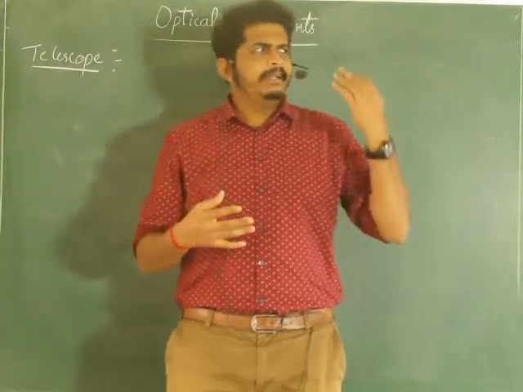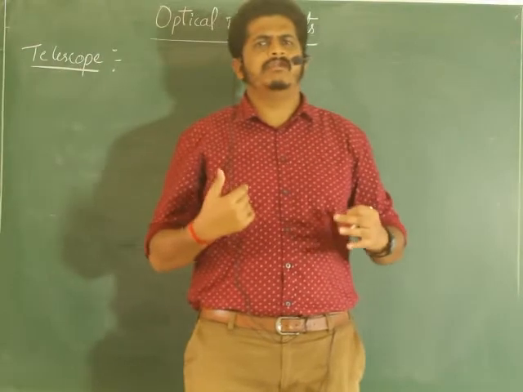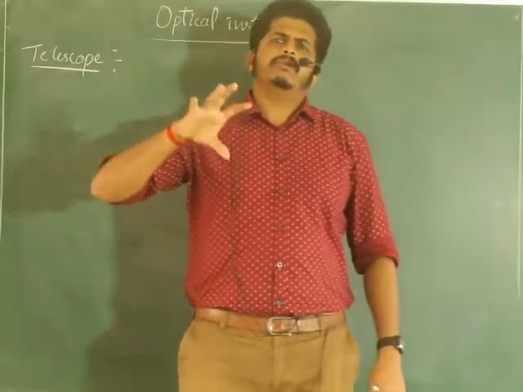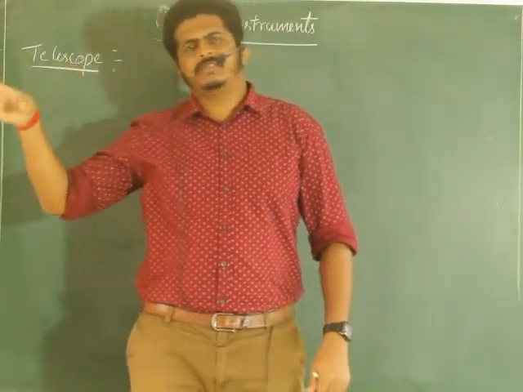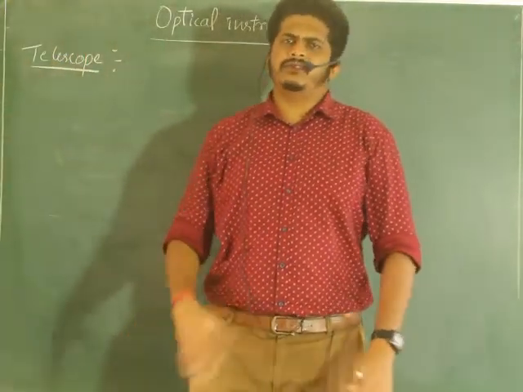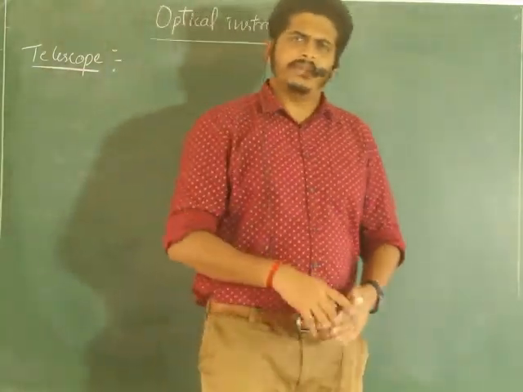Suppose you view any building or tree and the image is inverted, it's very difficult for us to understand that. So that is why the telescope used to view celestial objects cannot be used to view geographical locations. That is why there are two types of telescopes.